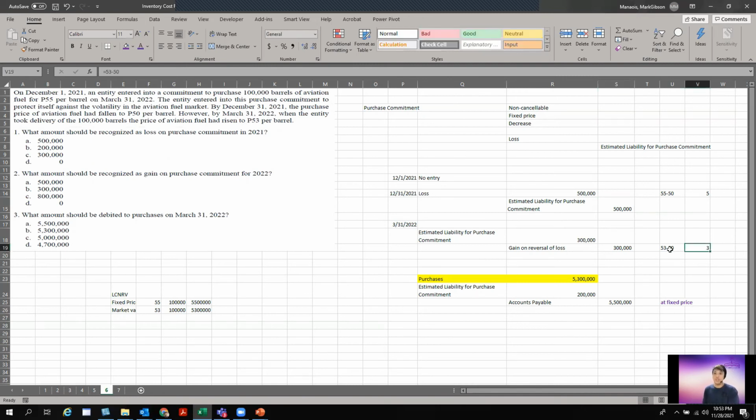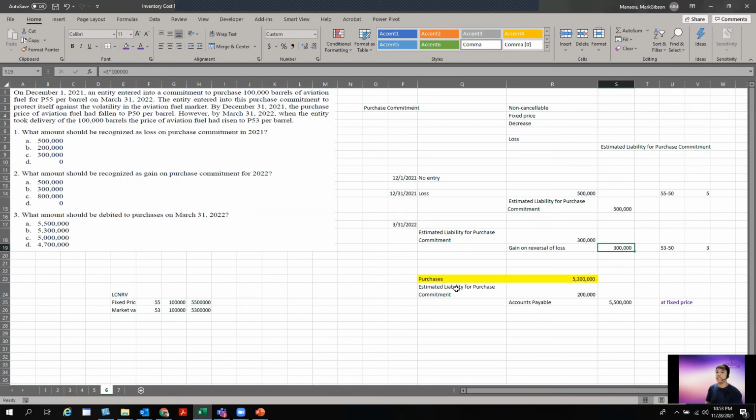So, 53 minus 50, so that would be 3. So, debit estimated liability for purchase commitment of 300,000 and credit gain on reversal of loss. So, 300,000. So, of course, we have to record the purchases na, kasi by March 31, 2022, dito na magma-materialize yung purchase, yung commitment natin to purchase.